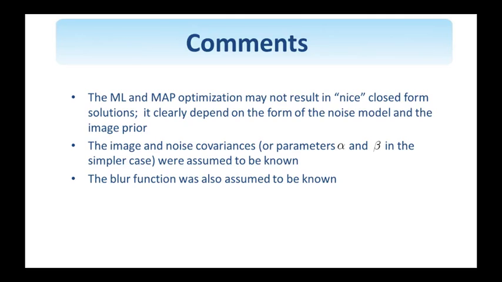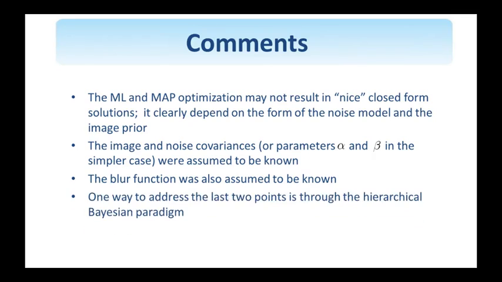This is a topic that has seen quite some activity, and there are techniques that first estimate the blur and then perform the restoration, so it's a separate and sequential estimation process. However, the last 2 points can also be addressed through the hierarchical Bayesian paradigm.